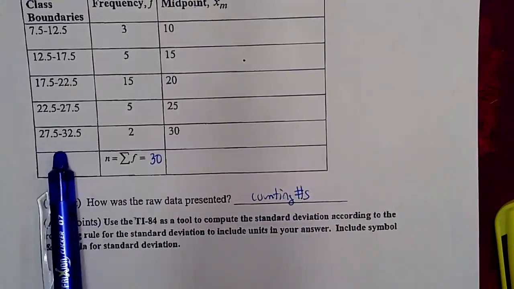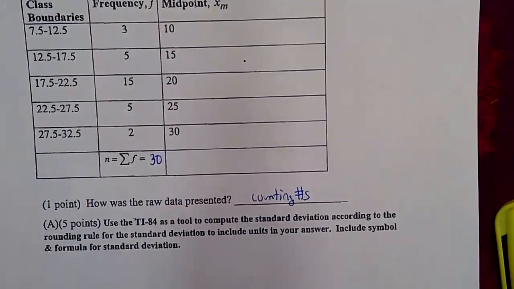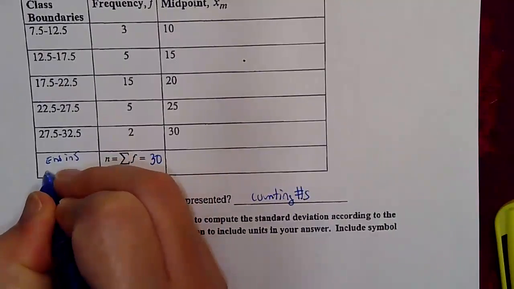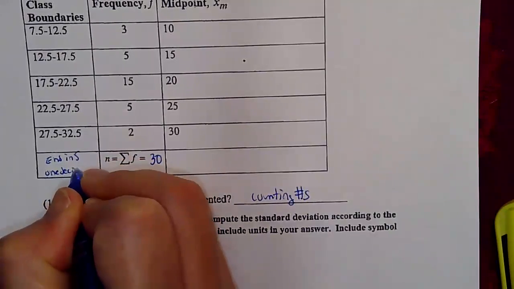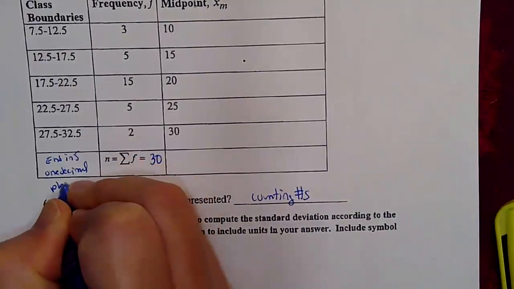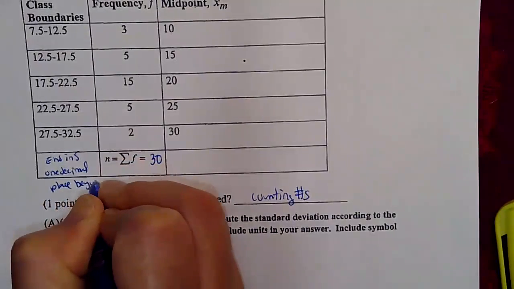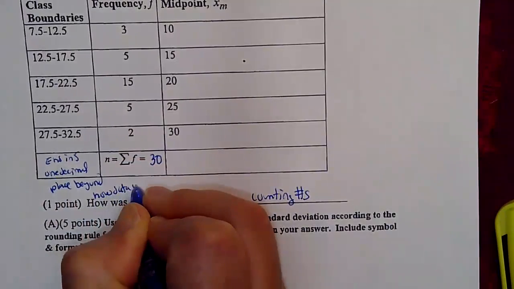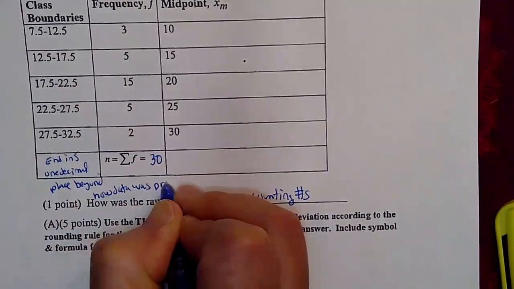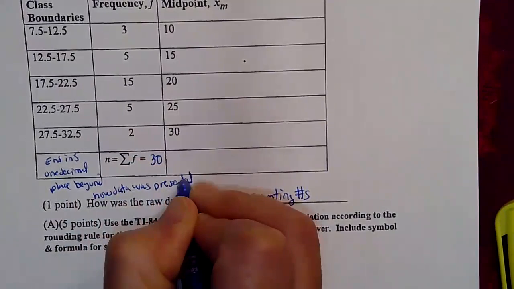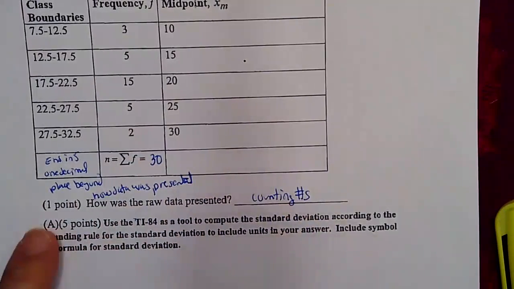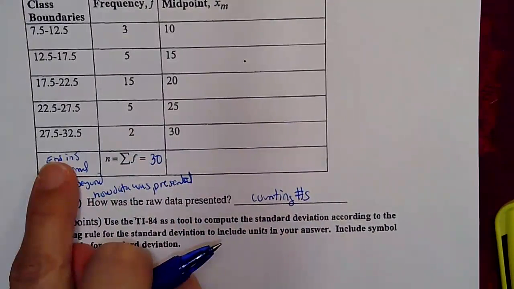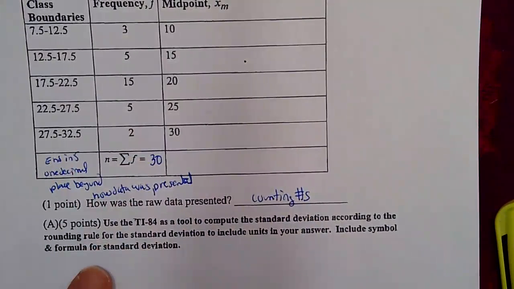And then the class boundaries, remember, are one decimal place beyond how the data was presented. So when you think that through, it would have been counting numbers, and then you round one decimal place beyond how the data is given.